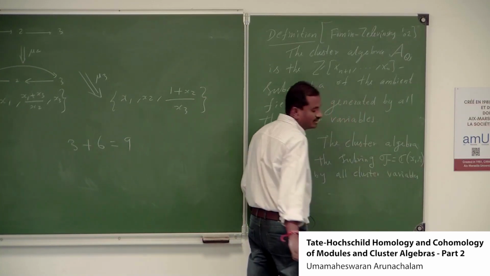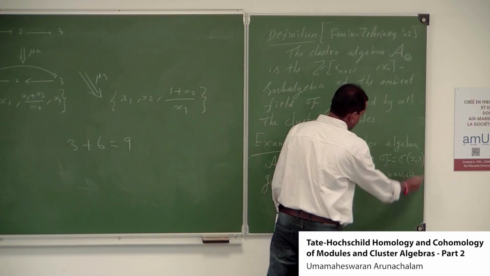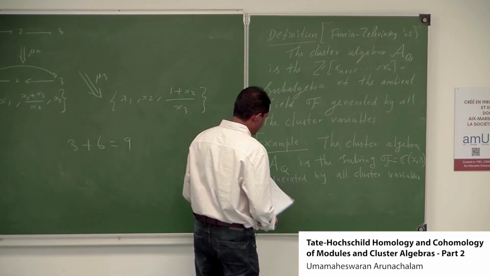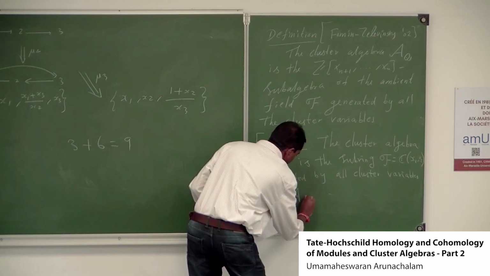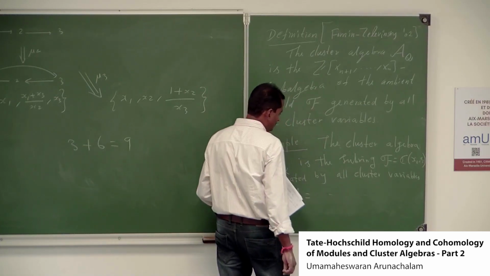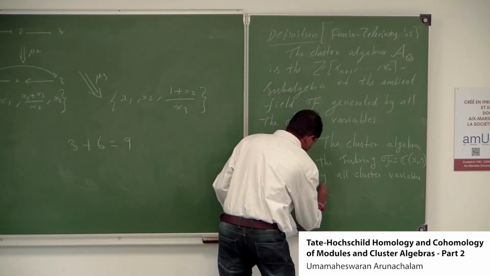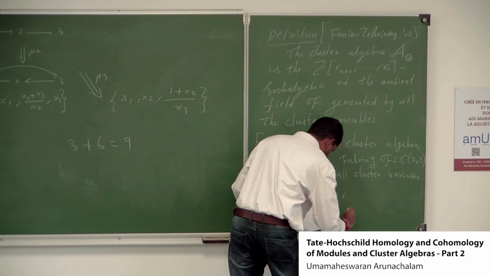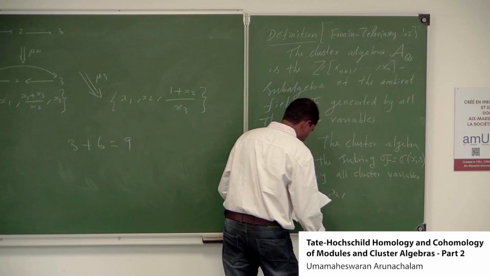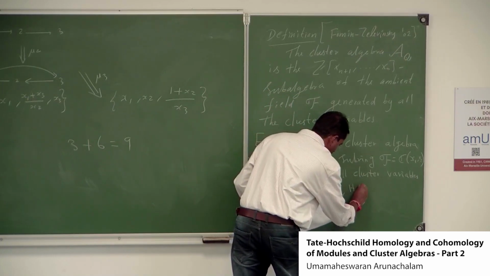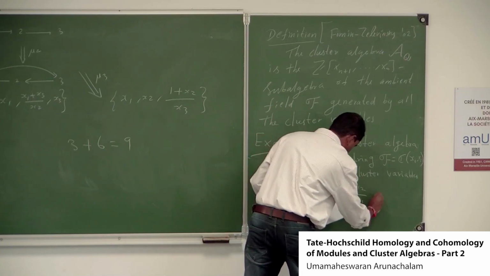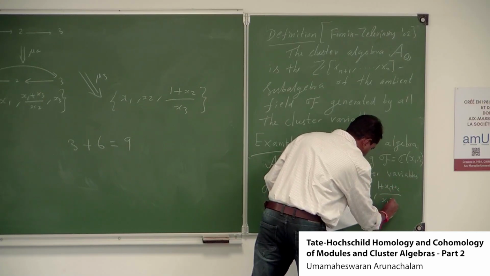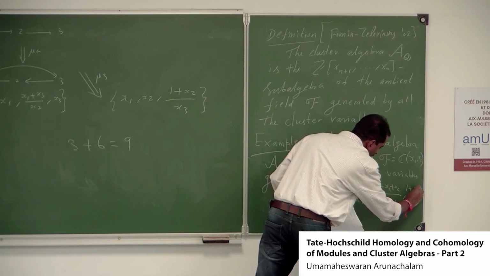Here the ambient field F we are taking is C of x1 comma x2. For x1 and x2 we are getting the cluster variables. It is the generating set, and we will get the cluster algebra AQ. The generating set is x1, x2, and already we found this from example 2: 1 plus x2 divided by x1, 1 plus x1 plus x2 divided by x1 x2, and 1 plus x1 divided by x2.